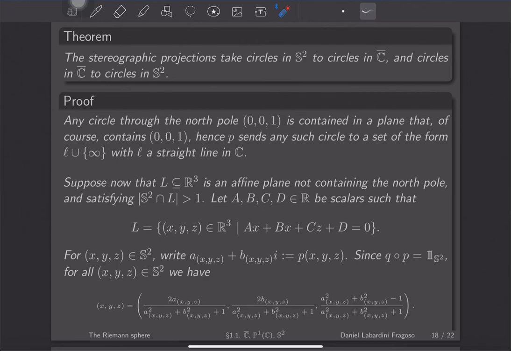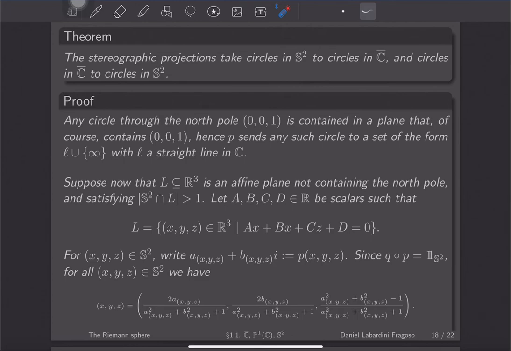There is one easy case. If you take a circle in the sphere going through the North Pole, right, consider the plane that cuts it off. That plane passes through the North Pole, but then when you look at the intersection with C, which lies at height 0, with the xy plane, the intersection is the intersection of two planes in R3, right?